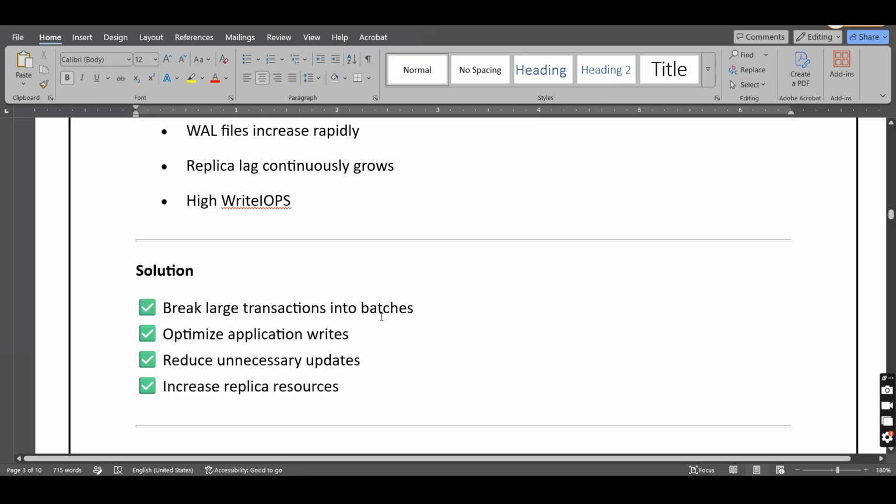We will break the large transactions into batches, optimize application writes, reduce unnecessary updates, and increase replica resources. These are a few solutions you can use if you are observing this cause.